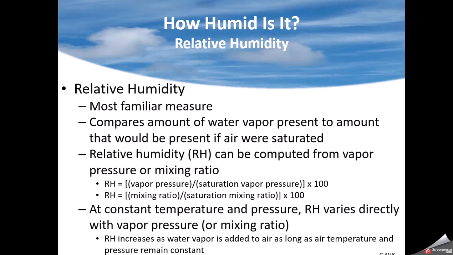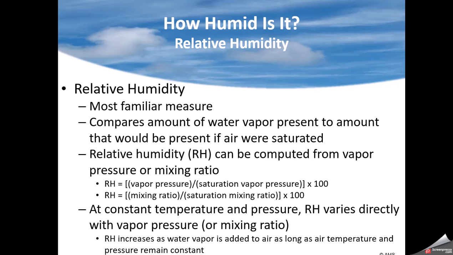So you add moisture, water vapor, to the air, and once it reaches saturation, it's 100%. Once it reaches saturation, if you hold the temperature constant, you're never going to get any more water vapor. It will have to go into liquid form if you put more and more water vapor in.